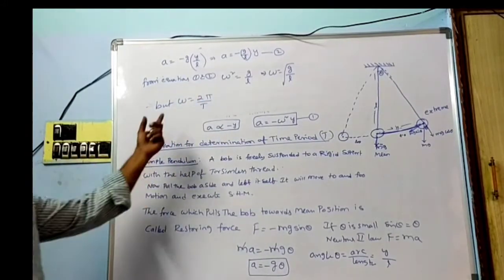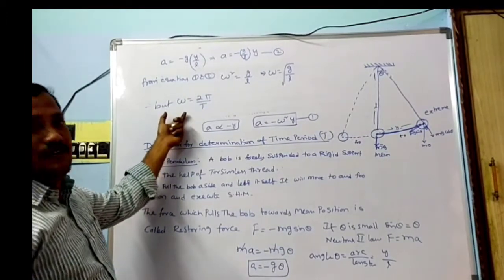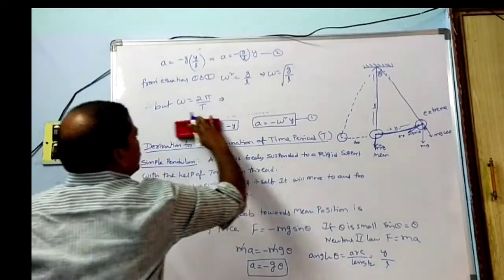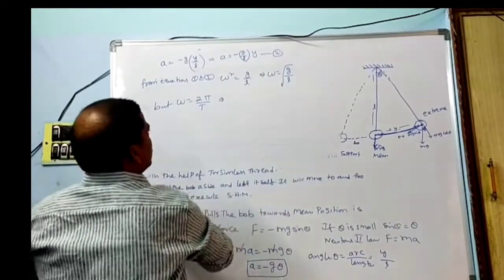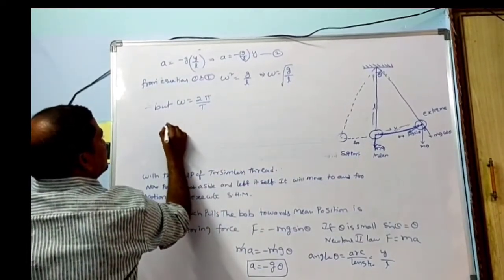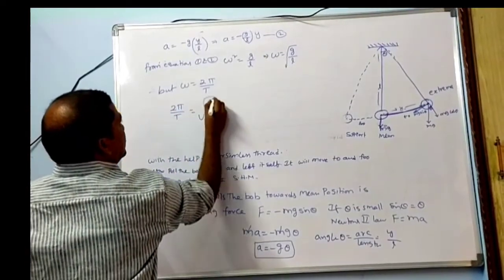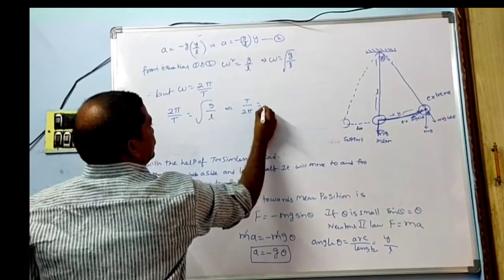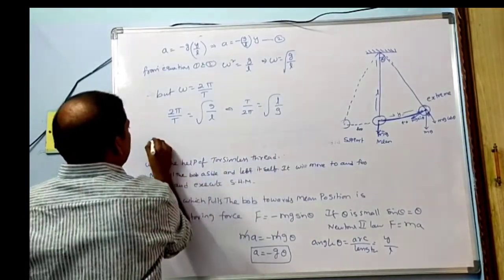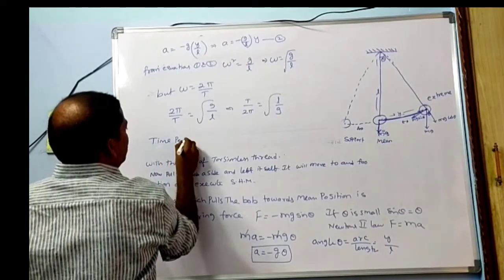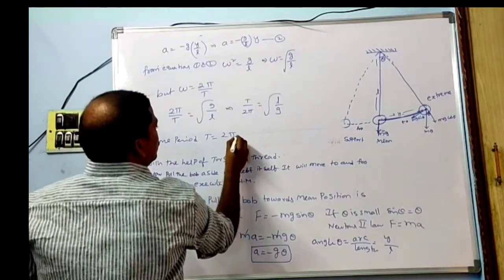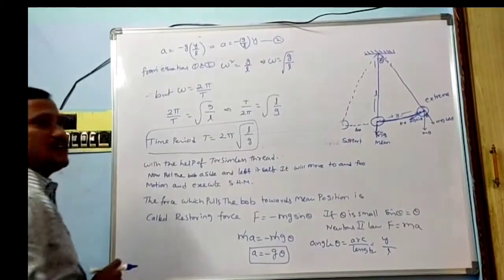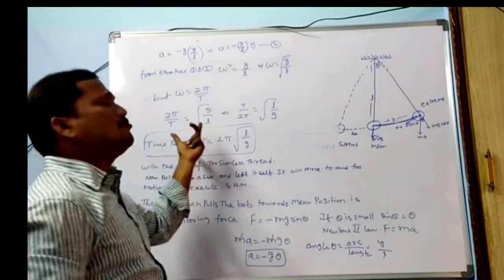Omega means angular velocity, which is equal to 2 pi by T. Now substituting the values, you will get 2 pi by T is equal to under root of G by L, or reverse it: T by 2 pi is equal to under root L by G. Therefore, finally I will get time period T is equal to 2 pi under root L by G. This is the derivation for the time period of a simple pendulum in a simple manner.